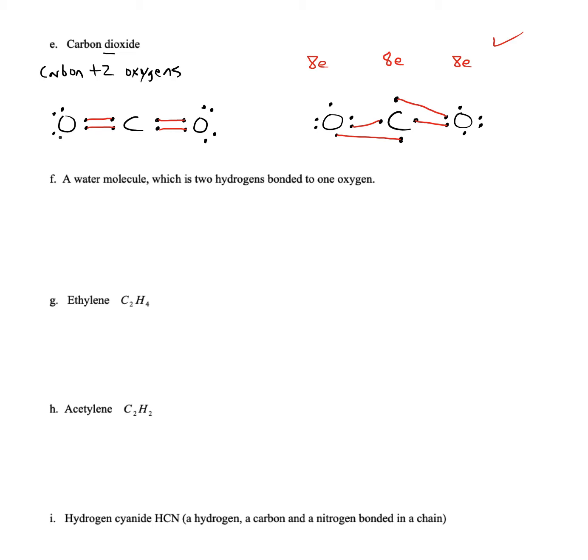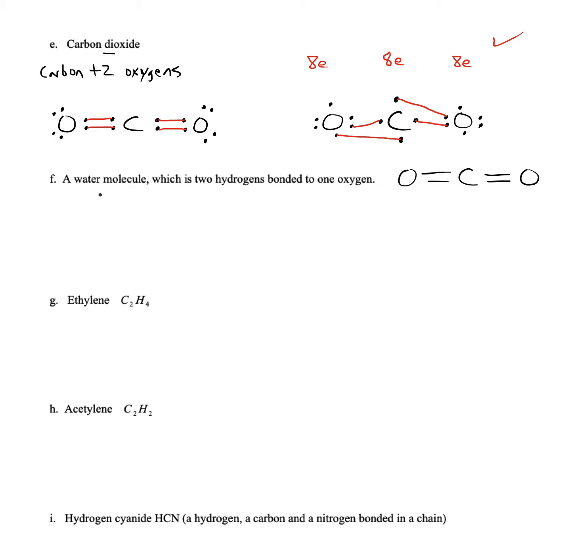We can just spread them out. And that's a good picture of the Lewis diagram for carbon dioxide. If we leave off the single electrons, it could be drawn something like this. And that indicates carbon dioxide.